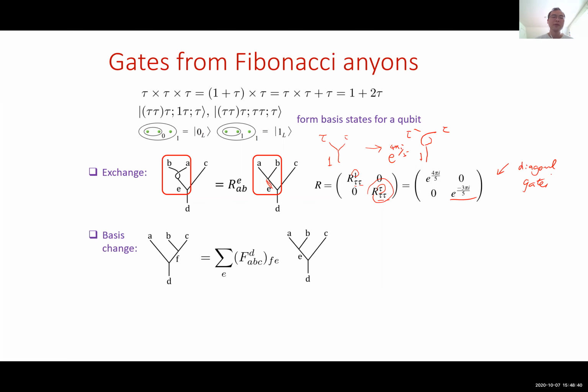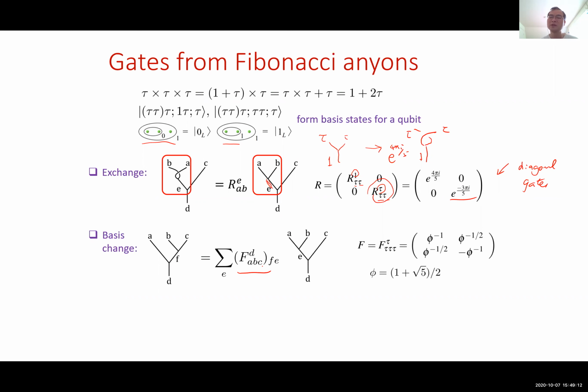And we also have basis change, but this doesn't give us any gate in particular. It's just a basis change, and we have no way to implement this actively. It's just a basis change once you fix a convention like this.